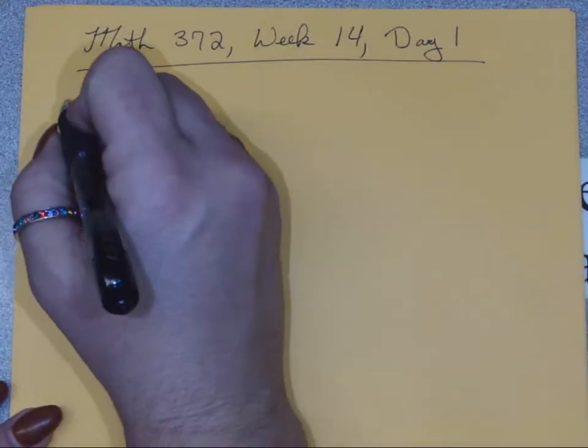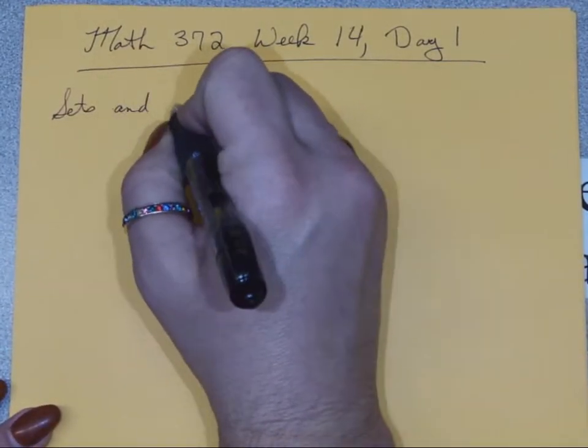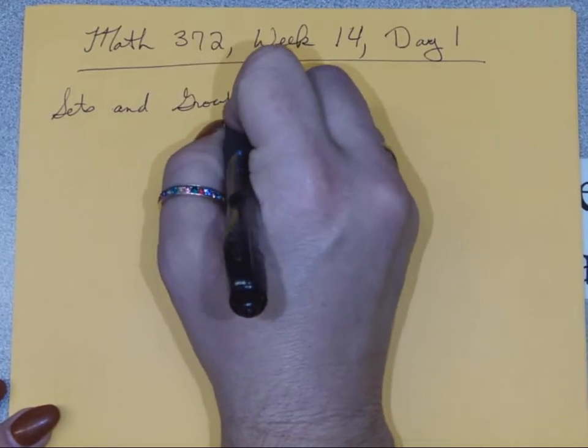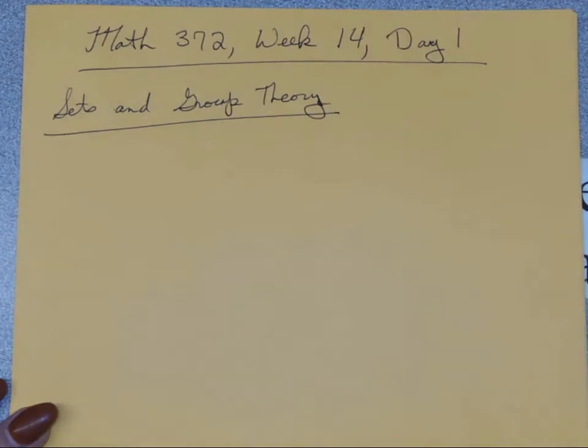The first little bit that we want to talk about is sets and group theory. Sets and group theory. What we're doing here is we're going to talk about certain properties.